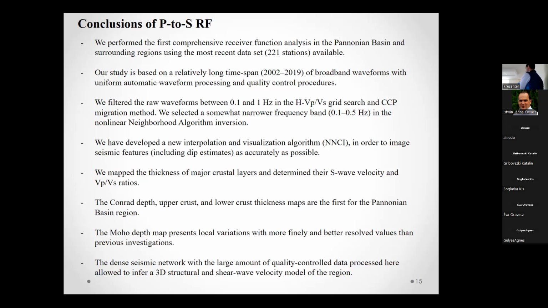The core depth, upper and lower crust maps are the first for the Pannonian Basin, and the Moho depth map presents local variation with more finely and better resolved values than previous investigations. And I think the most important take-home message is that the eastern part of the area we can improve if we add, for example, the AdriaArray stations.